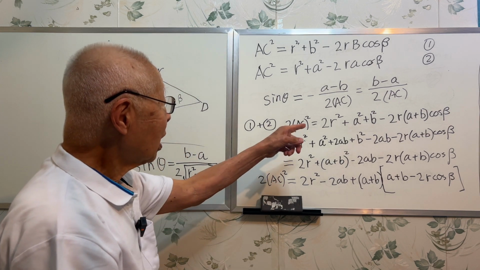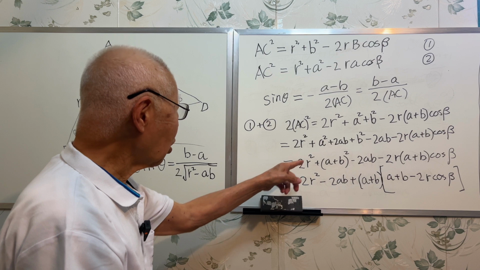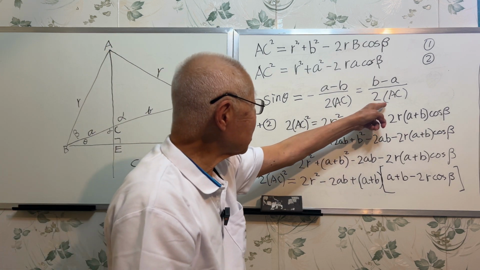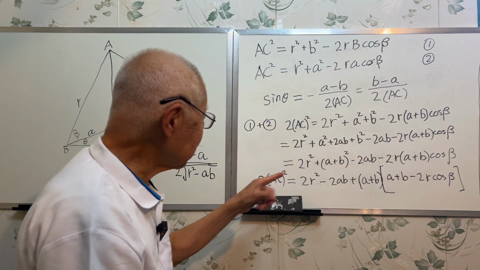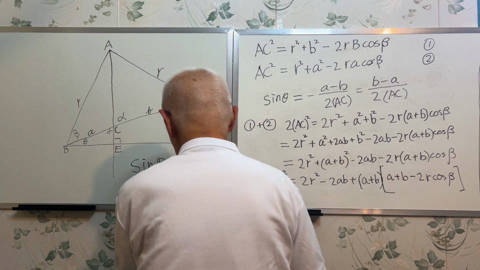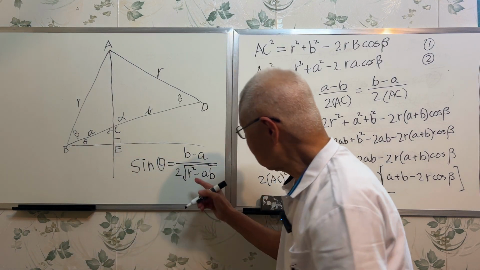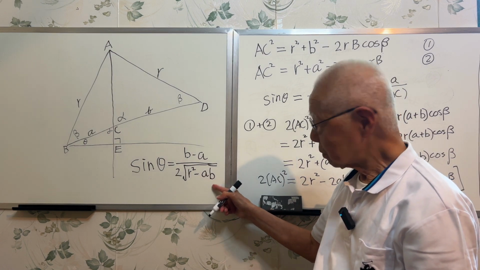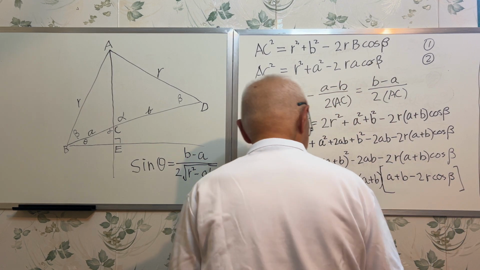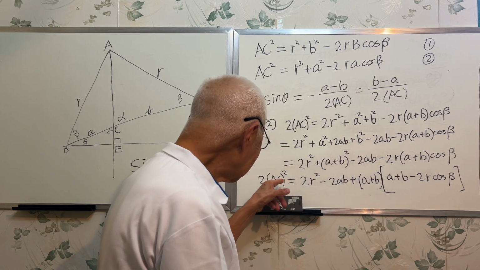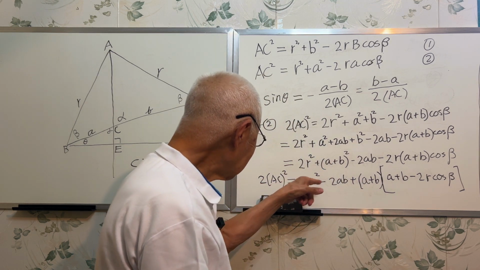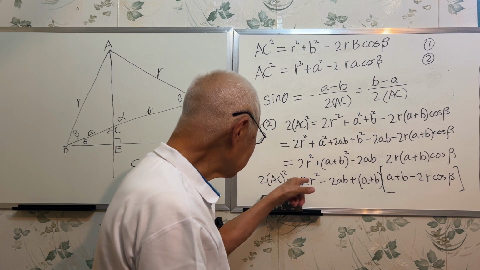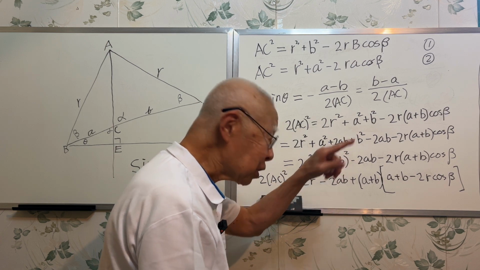Look, I want to show AC is the square root of r squared minus ab. Look here. Don't look at the 2. AC squared is r squared minus ab.